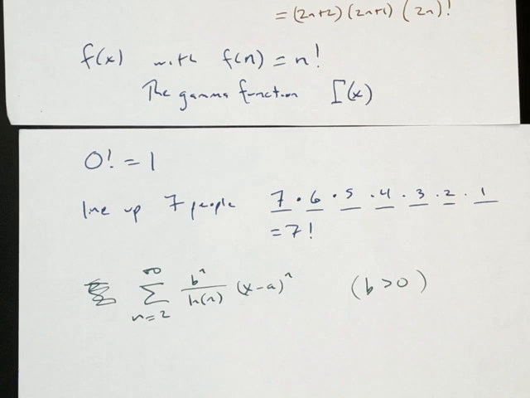Why does this series start at 2? One would be 0. Can't divide by 0. Okay.